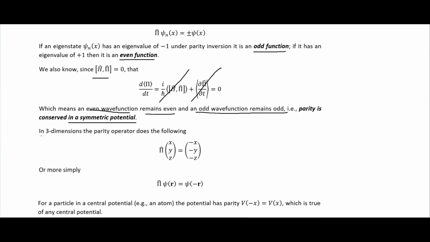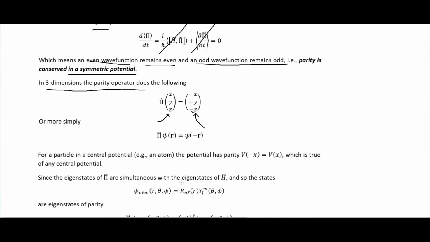All right, so if we talk about parity in 3 dimensions, then the operator does essentially the following, where we take this 3-dimensional vector here and essentially just flip everything into negatives. Or more simply, if we just group all these Cartesian coordinates into r, it just makes us go from the positive r to the negative r.